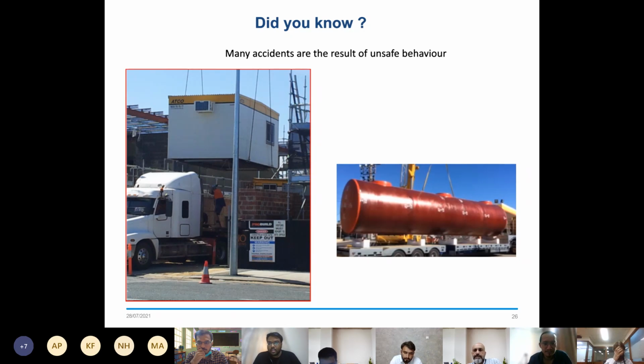Sorry, Harun. Sometimes the hook points are built-in hook points, especially on top of the container. Not just tanks, even ISO containers. If you talk about ISO containers, the hook points are on the top.